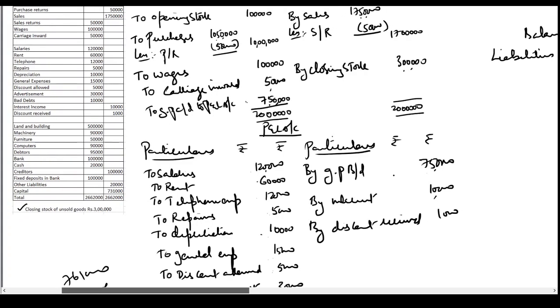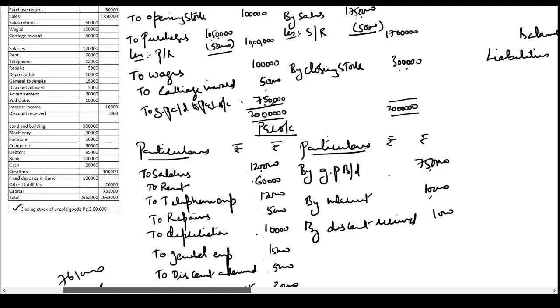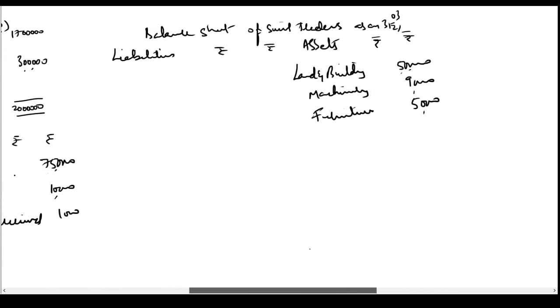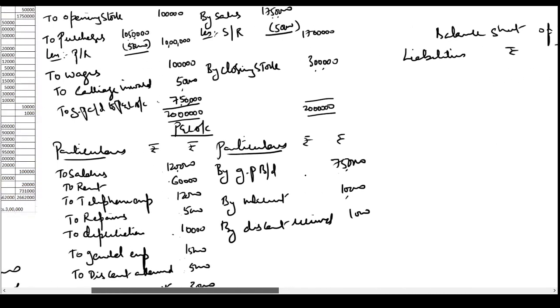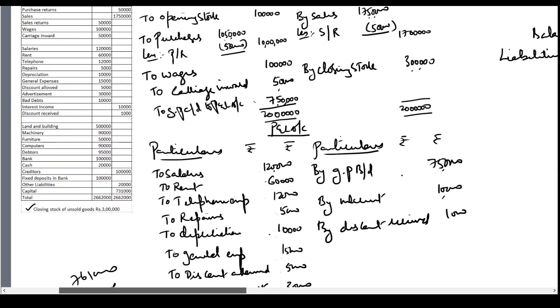Computers is 90,000, debtors is 95,000, and bank is 1 lakh. So we have listed down all the assets in the balance sheet asset side. Then we have cash balance of 1 lakh.